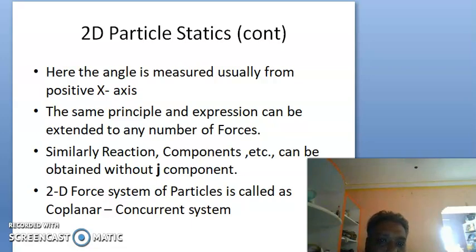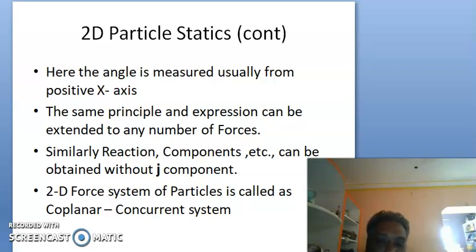The same principle and expression can be extended to any number of forces. We can keep on adding the forces. Similarly, reaction and components can also be obtained without the k component.